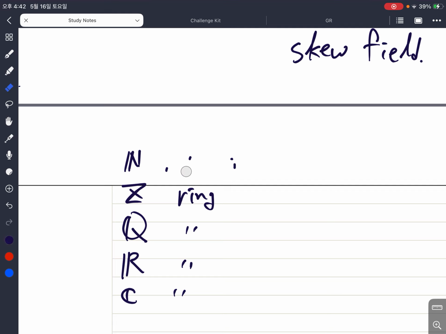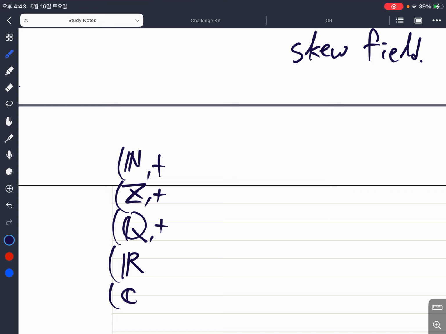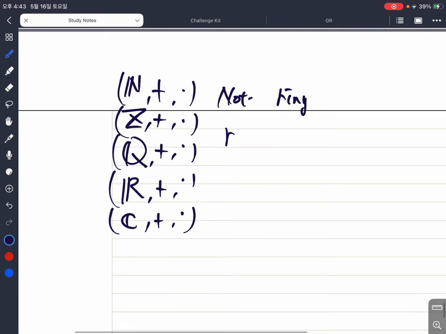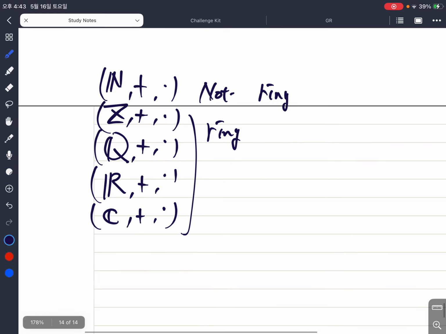Integers plus and times, with some addition and multiplication we need to define, but I assume you are already familiar with this, so I skip. You know how to add numbers and you know how to multiply numbers. I assume this again. Then this is not a ring, but the others are all rings. And especially, number multiplication is commutative, so I just write commutative.